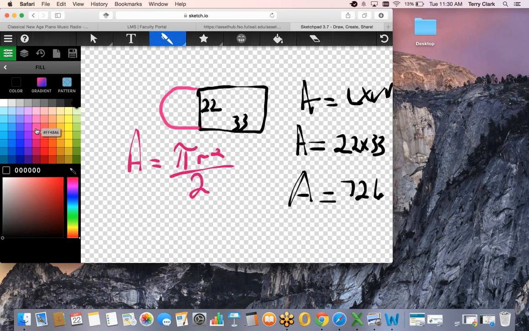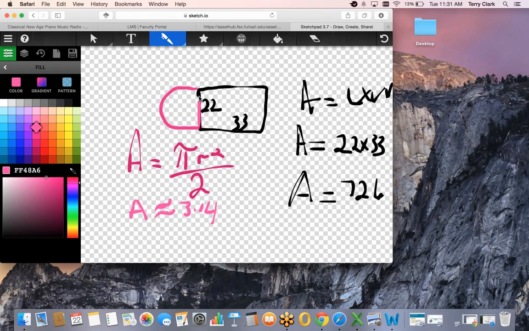Then I'm going to go and figure out what the area of the semicircle is. Okay, so here we go. I'm going to put 3.14 because that's what pi is approximated at. Once I put that 3.14 there, this line is going to become wavy because I'm saying it's an approximate. And then r in this case is going to be the radius, which is going to be half of that 22.